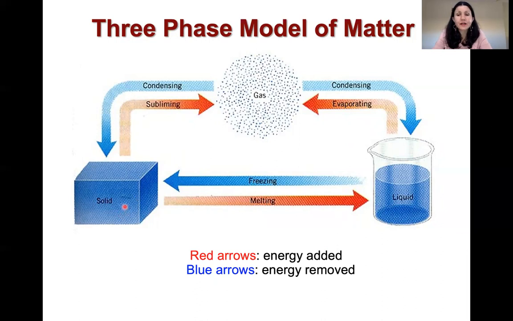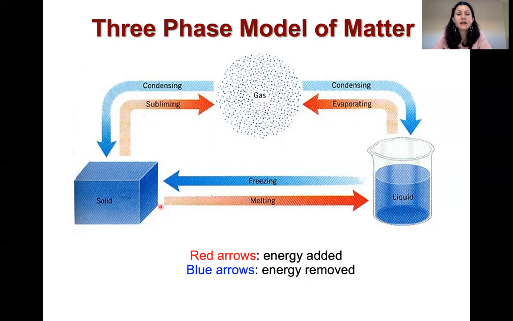Whenever a solid goes into a liquid, like ice into liquid water, we call that melting. When a liquid goes into a gas, we call that vaporizing or evaporating. Sometimes the liquid phase is skipped and the solid goes directly into gas, and that's called sublimation.